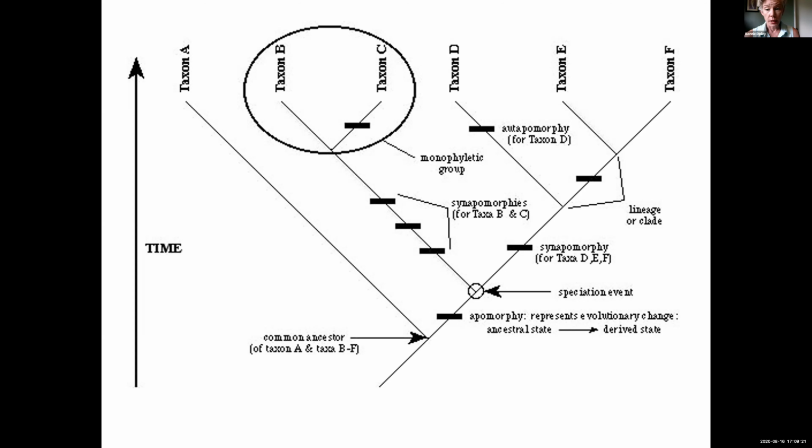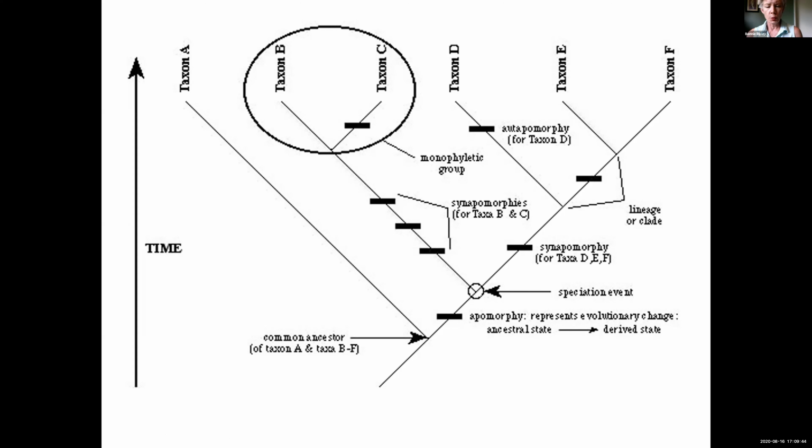Whatever characteristic that ancestor had, we're going to say that's the ancestral state. And when we have an evolutionary change that happens here, we're changing from that ancestral state to a new state. And so we're going to call that new state a derived state. Right, so the derived state is the new one.